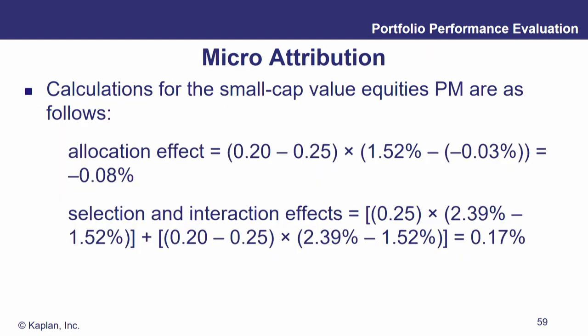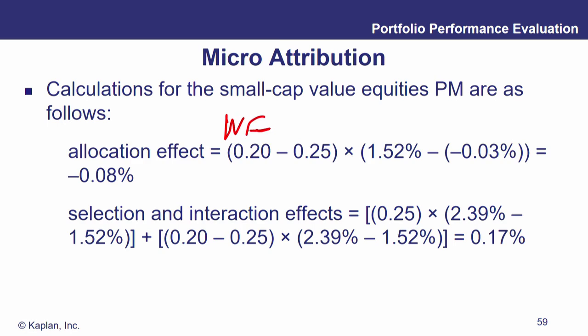Okay, so again, calculations for the small cap value equities portfolio manager. Going back to the original table, the return attribution, go back to your small cap value equities, and you can basically go through the allocation effect and the selection interaction effect. So for the allocation effect in the small cap, the weight of the fund was 0.20.